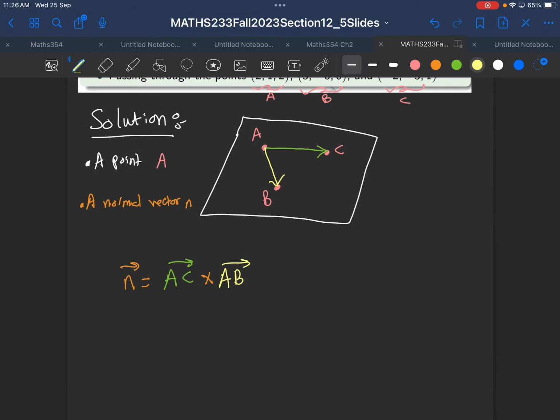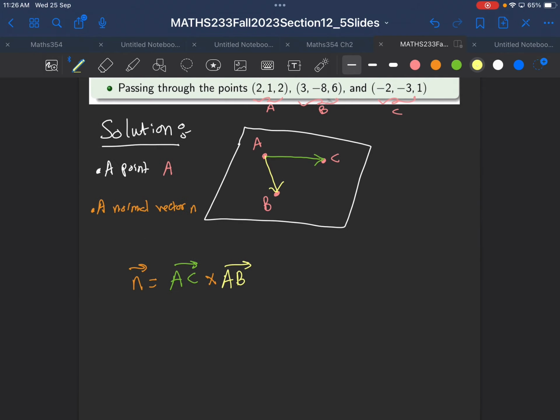I find it by subtracting C minus A for each component. So it will be -2, -2, which is -4, and then -3, -1, which is again -4. Finally, it will be 1, -2, which is -1.